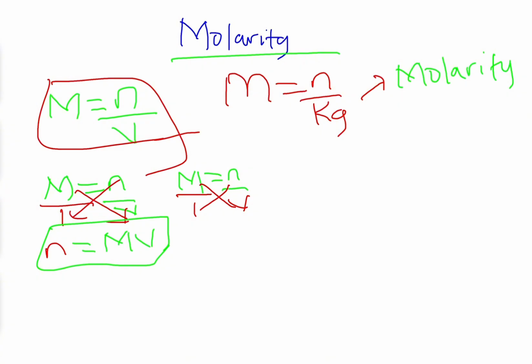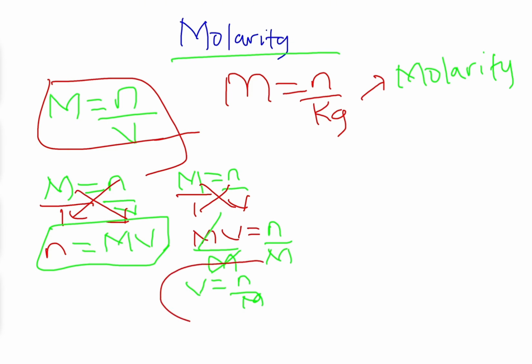M times V is MV is equal to n times 1 is n. To do this now, we can divide this by M and this side by M. So this cancels this. We're now left with V is equal to mole over molarity.